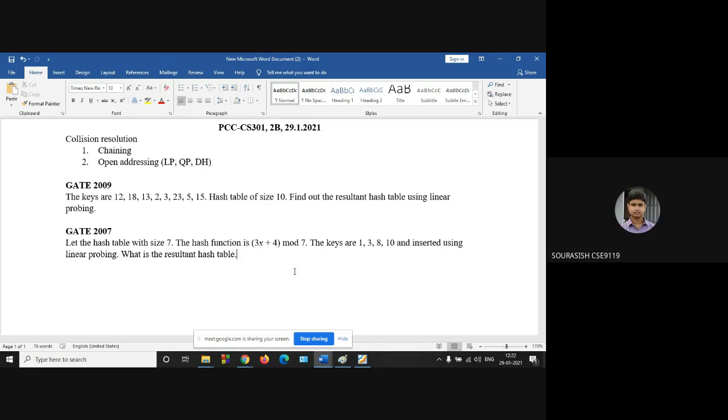Sir, the 1 will be at 0th position, 8 will be at first position, 10 will be at second index, and 3 will be at 6th index. Okay, very good.